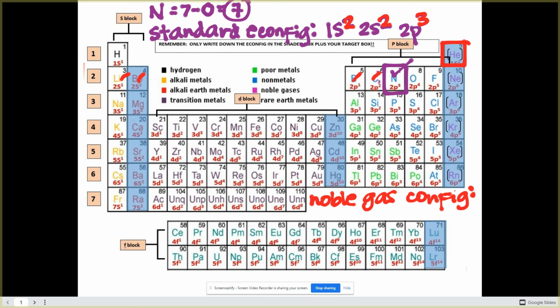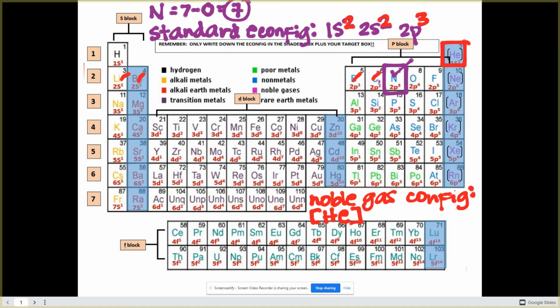All right. So again, the first thing you need to do is write that noble gas inside brackets. Okay. And then continue on from that box. That's going to be your new starting point. You're not going to start now from box 1. You're just going to start from that noble gas and then move forward to your target box. Since we already wrote that noble gas, continue on to the next one.